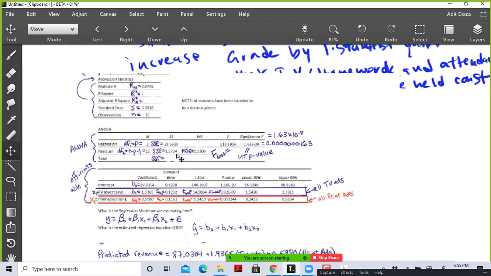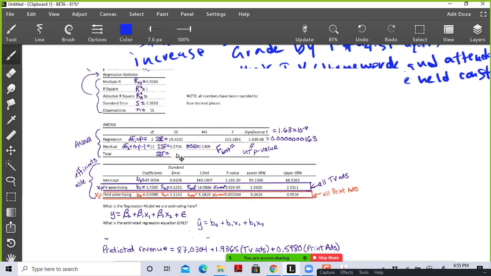Let me erase this one as well, predicted revenue. So you will be able to fill in the estimated regression equation, right? It's easy. y hat is your revenue. In this question, y hat is the revenue. Beta 0 is 87.0304.